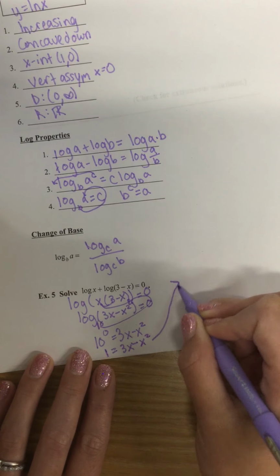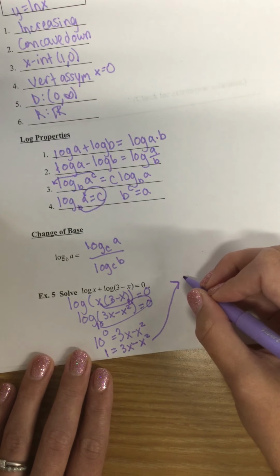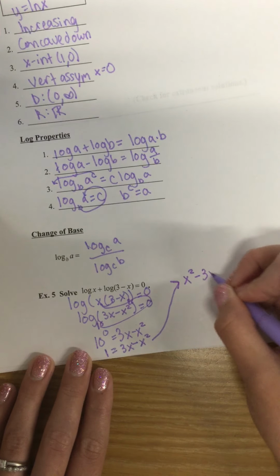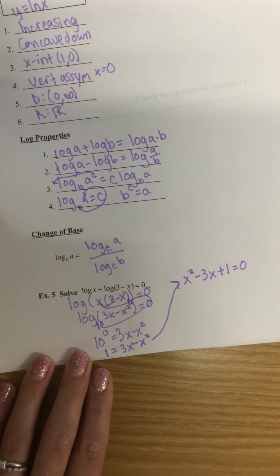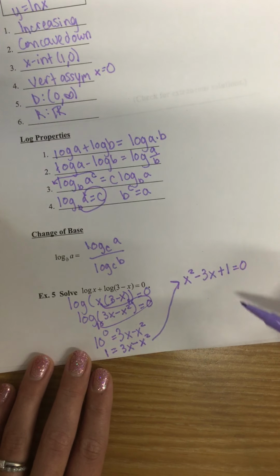And now I can take this and rearrange it. I'm going to move everything to the other side because right now my x squared is negative, so I'm going to add that to the other side: x squared minus 3x plus 1 equals 0. Now that I'm here, I can do the quadratic formula. I could factor, but unfortunately there's nothing there that's going to factor.